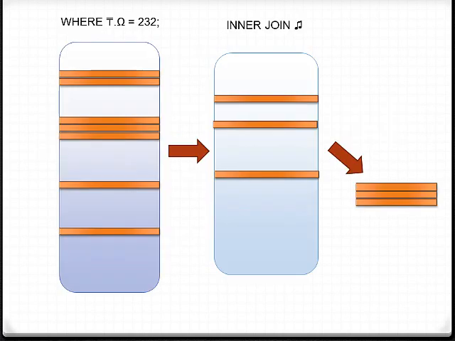So it kind of looks like this to help you understand. There's two ways to do it. If you take the first table T and omega, and you do equals 232, it will go through the table, filter out where it says 232, and take those rows, and then join them with the other table on that ID.